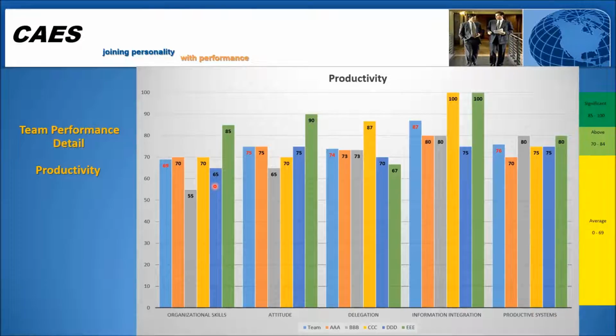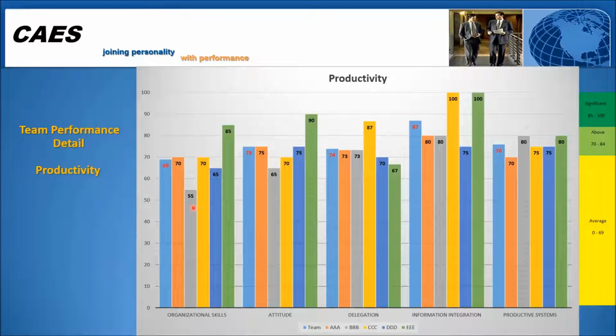Similarly, member D shows the same kind of levels, and member C and member A. Where we see a lower level of positive attitude towards productivity, and maybe that's a commitment to productivity, we also see lower levels of organizational skills.